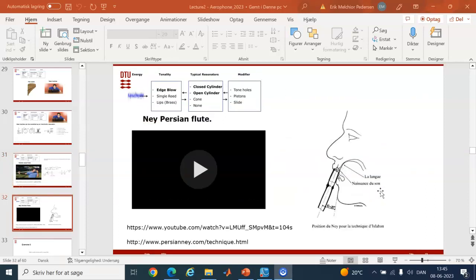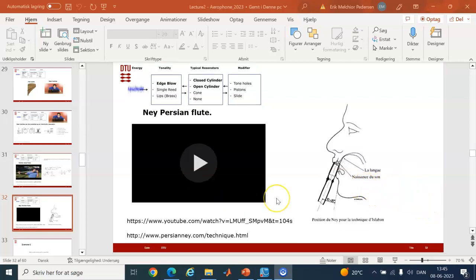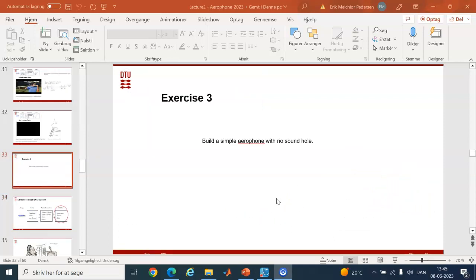And then the Persian flute, it's blown like a flute, closed open cylinder. Yeah, it's a build exercise. Build a simple aerophone with no sound holes.